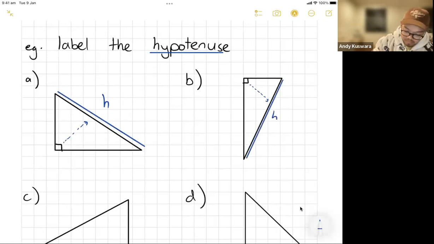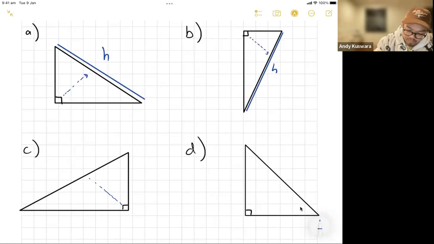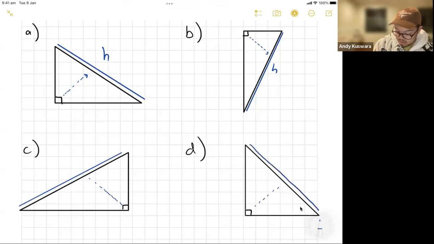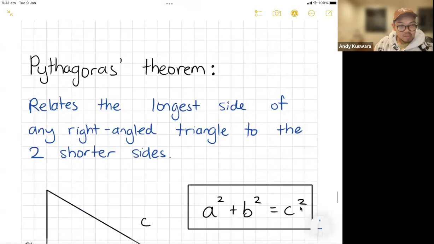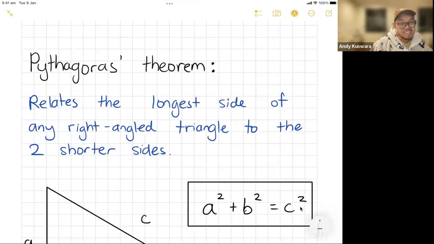And the last one. I hope this is very easy. That there is your hypotenuse. Okay, sweet.